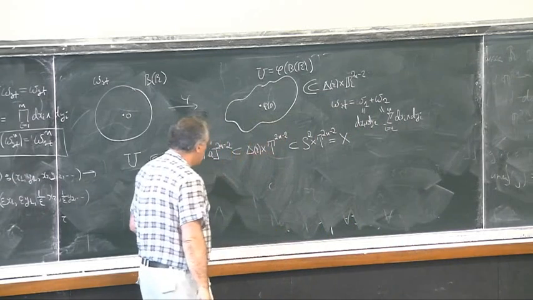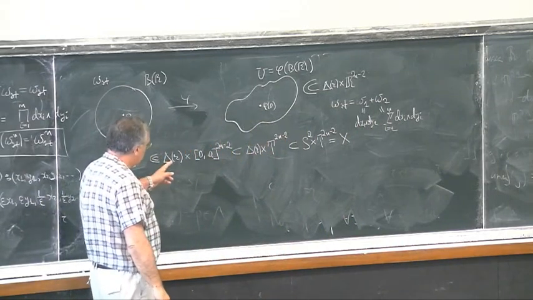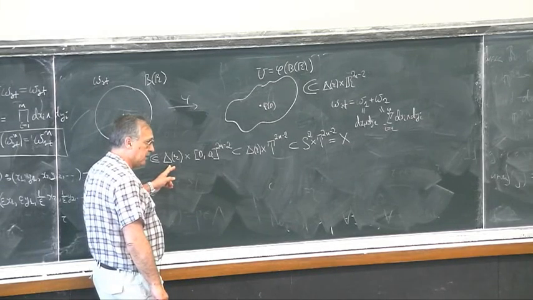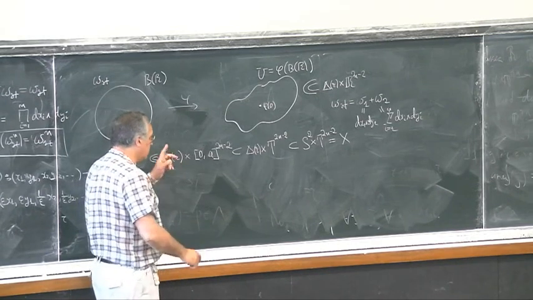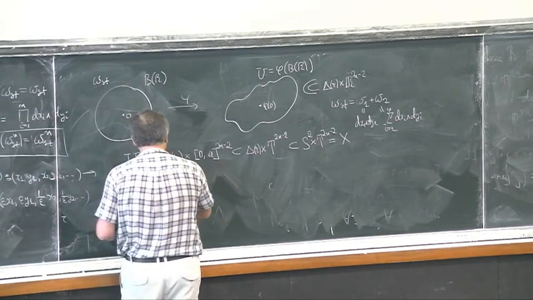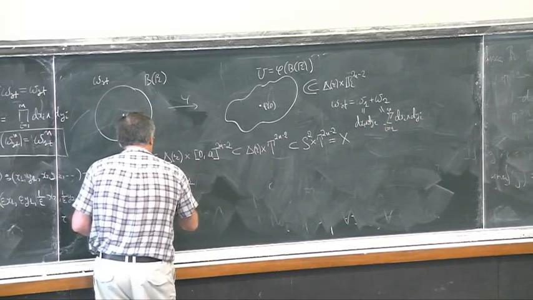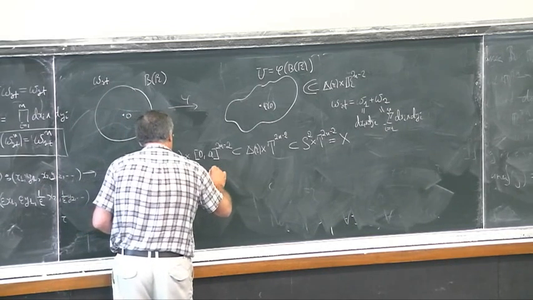Now we can extend omega 1 from the disk; the area of this disk with respect to our form omega 1 is pi r squared.